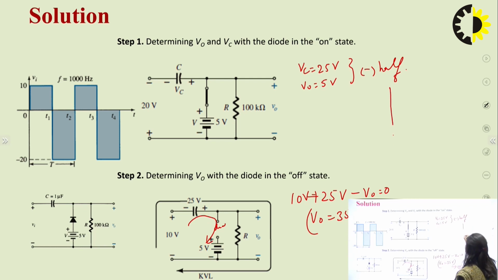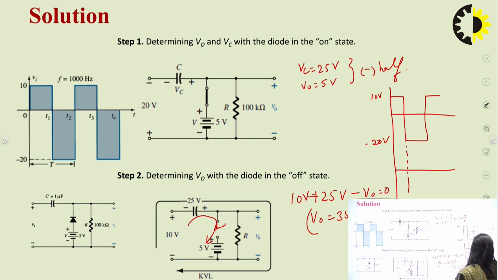So we can draw the waveform. This was our input. This was 10 volt and this was minus 20 volt. This was the output.